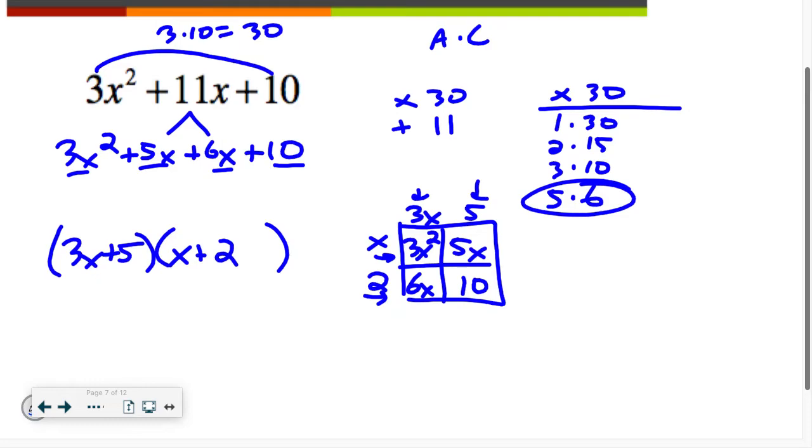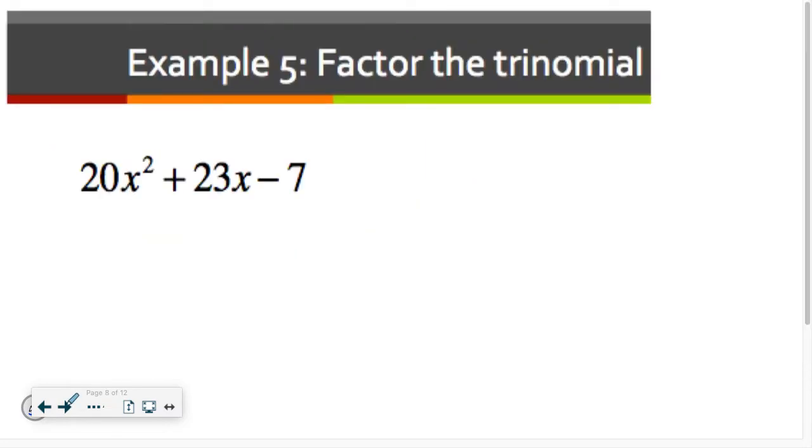This is a different method of doing it, but this is factor by grouping, just like I did on one of the other examples. The goal of factor by grouping is, can we split the middle term up, turn it into 4 terms, and then go through and factor it out. So again, it doesn't matter how you want to do it. We're just going to do it in either a box method or in 2 sets of parentheses.